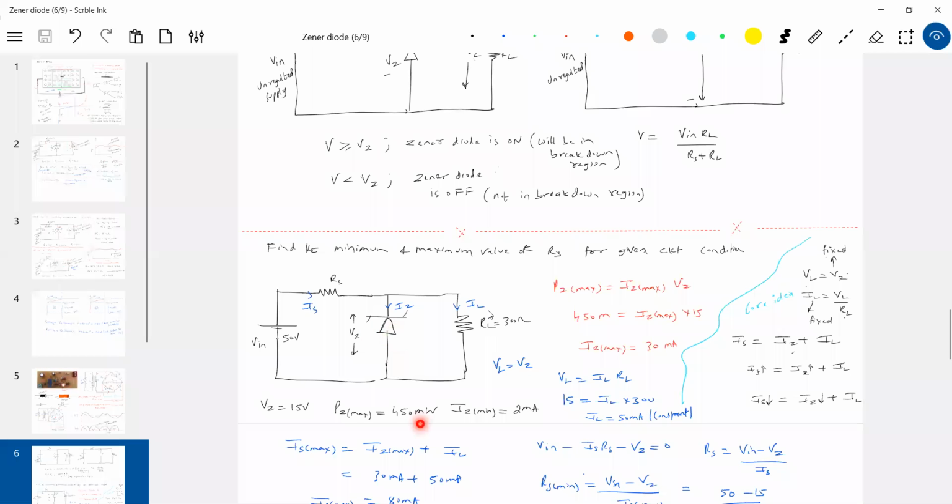Got the idea? So I think in very less time I concluded a lot of things. So you can sit and go through it once.